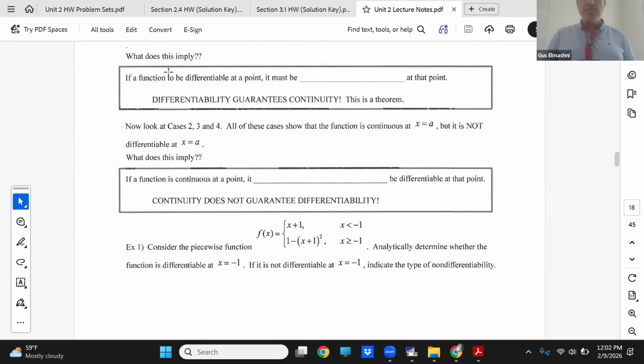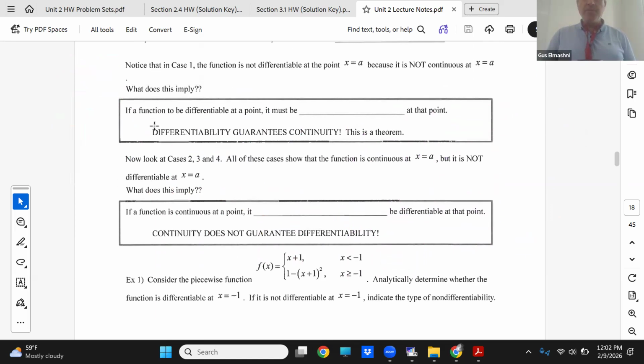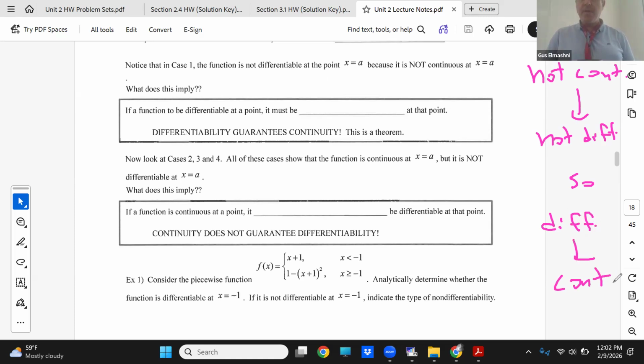So if you're not continuous, you're not differentiable. So if you're differentiable, you're continuous.